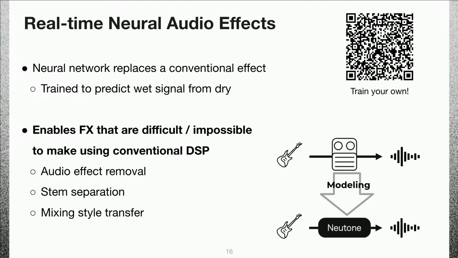So, a very obvious example is audio effect removal. For example, if you want to uncompress some audio, or if you want to remove reverb or things like that, this is obviously very difficult to do with a traditional effect, and so this is where neural networks become quite useful. Stem separation is a very common one for making karaoke tracks or remixing or things like that.